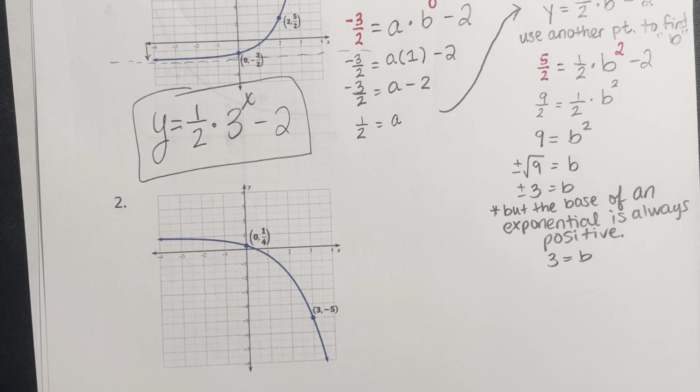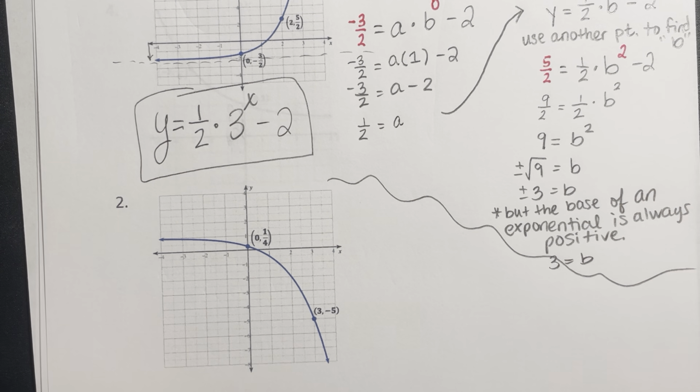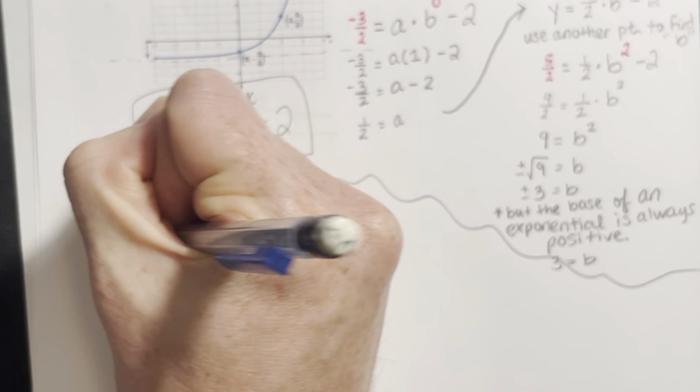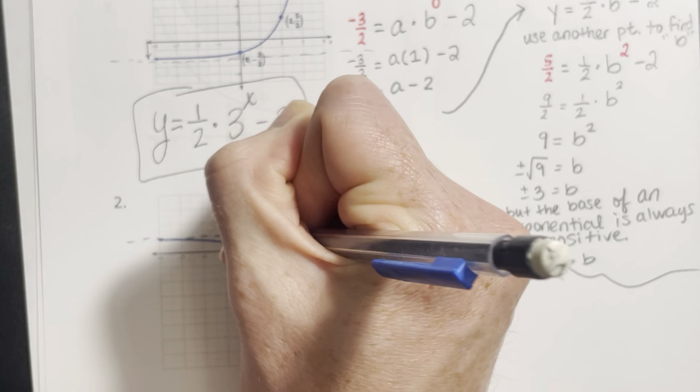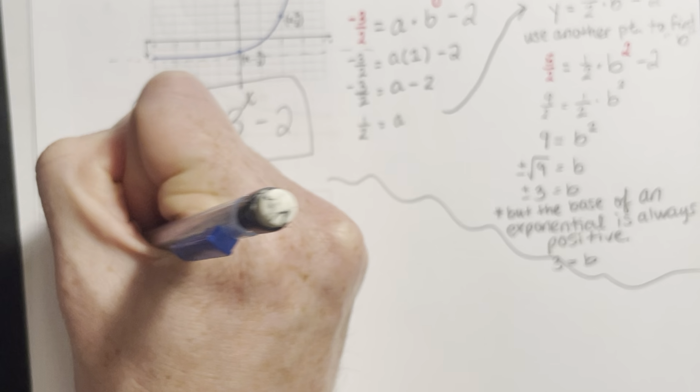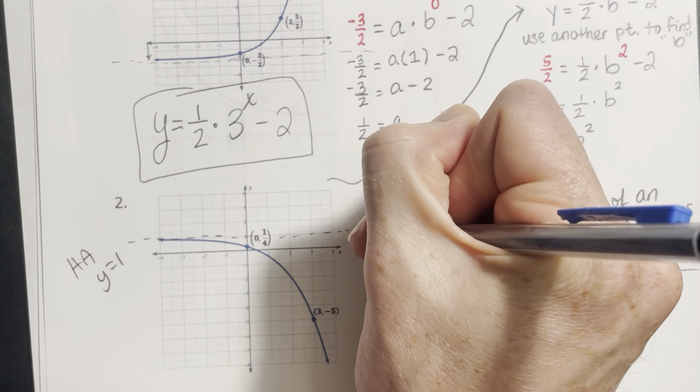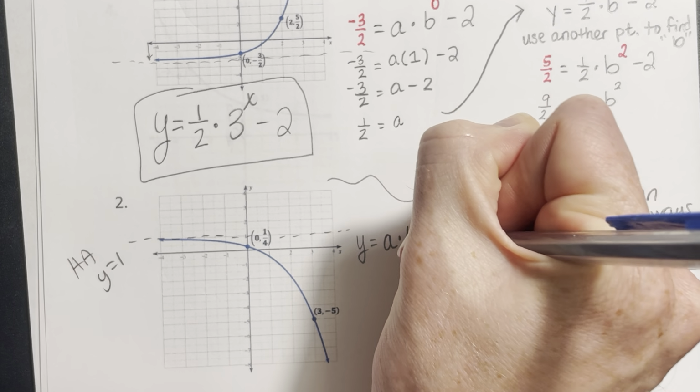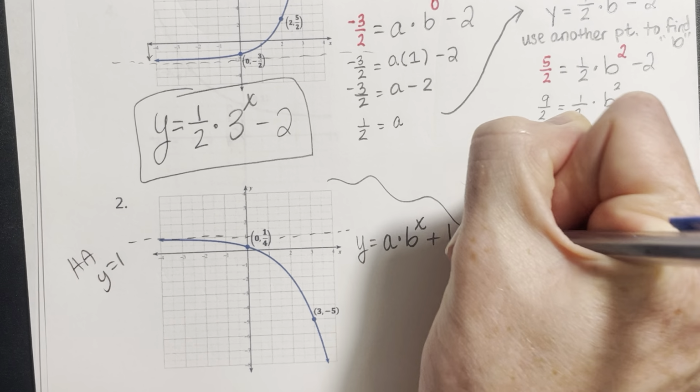So in number 2, I have a horizontal asymptote that has shifted up 1, so the horizontal asymptote is at y equals 1. That tells me that in my equation I have y equals a times b to the x power plus 1.